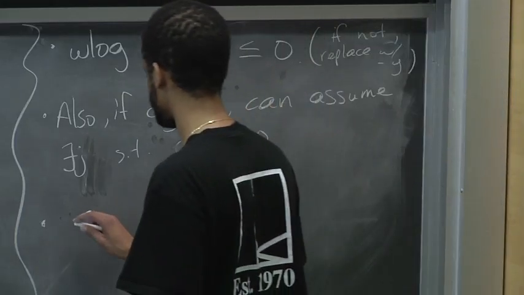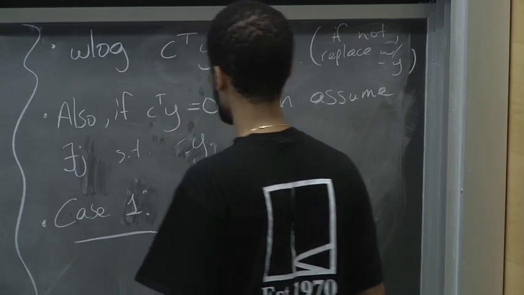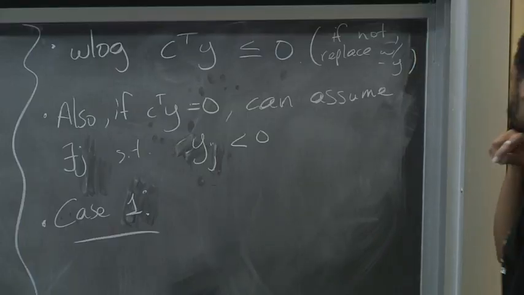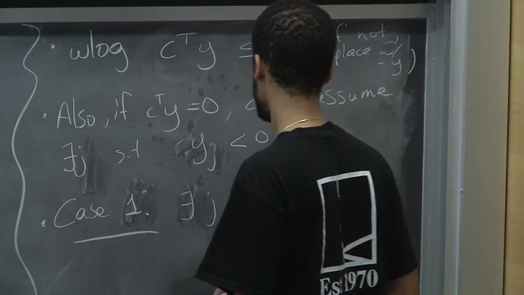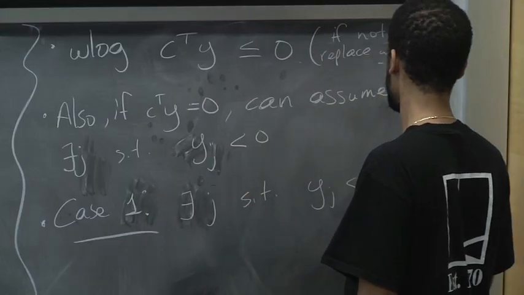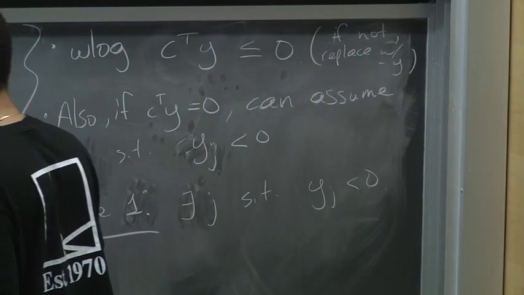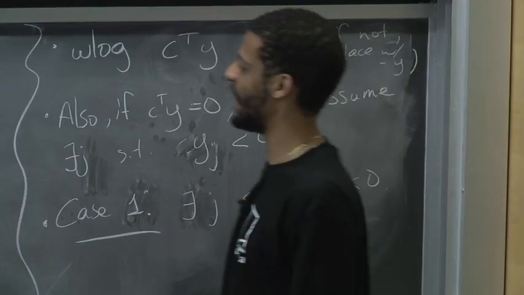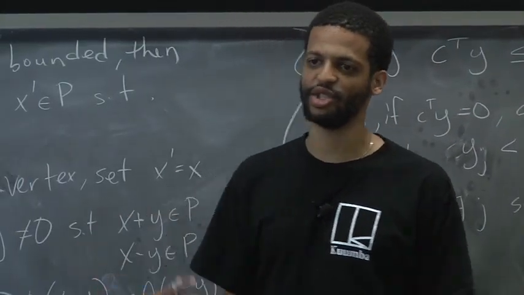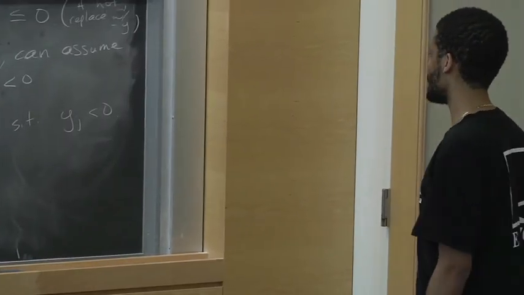So case 1 is that there exists a j such that Yj is less than 0. Remember what I want to do is give you a procedure that's going to gradually change X until we finally have a vertex. So what am I going to do in this case?